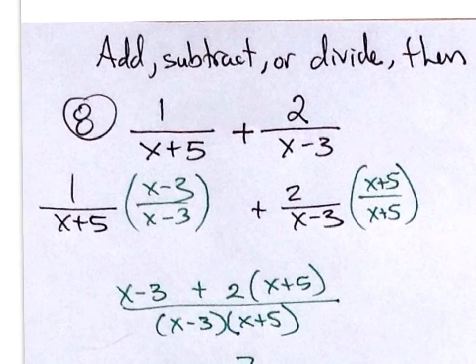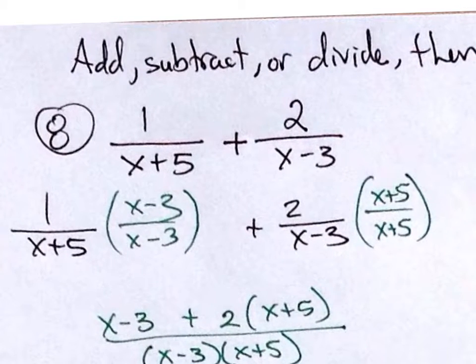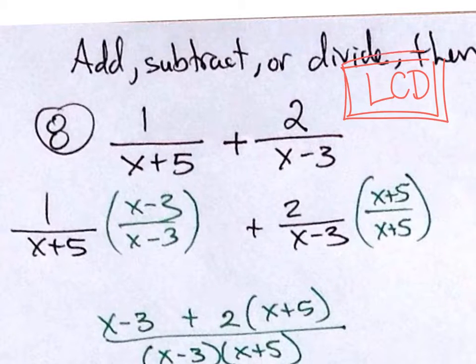We are now adding and subtracting, so we're going to be dealing with common denominators, the least common denominator for a lot of these situations. In this case, our common denominator would be these two being multiplied together. What I've done is started with the first term here and the second term here. We're color coding in order to get the LCD. In this case, our LCD is x plus 5 times x minus 3.